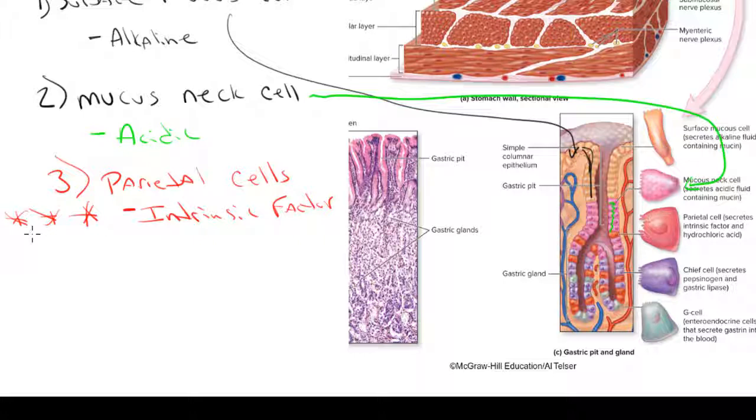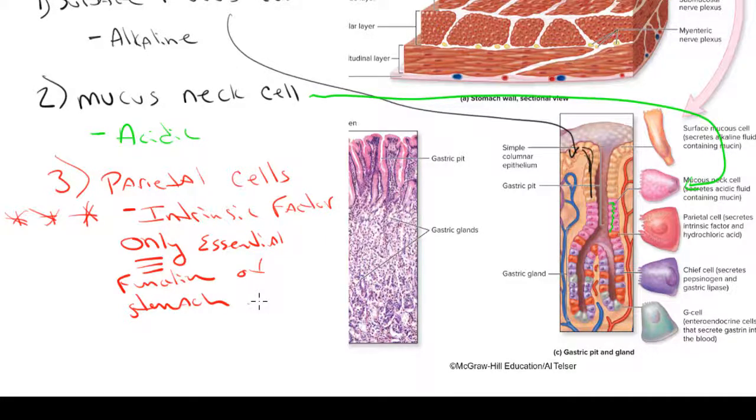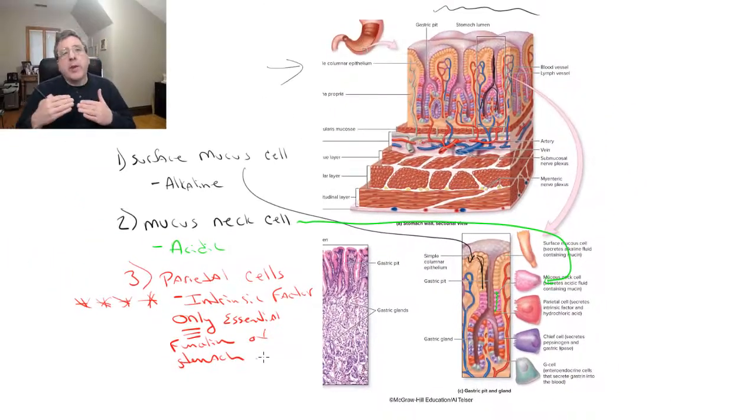The production of intrinsic factor is the only essential function of the stomach. So what is intrinsic factor? We've talked about this in the past. Intrinsic factor is required for vitamin B12 absorption.